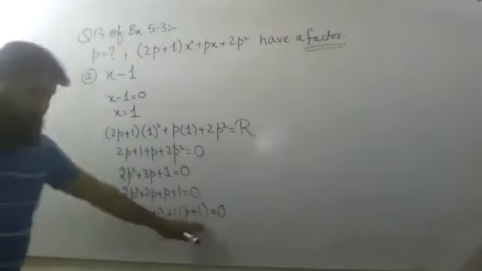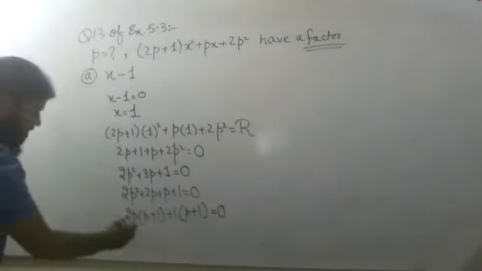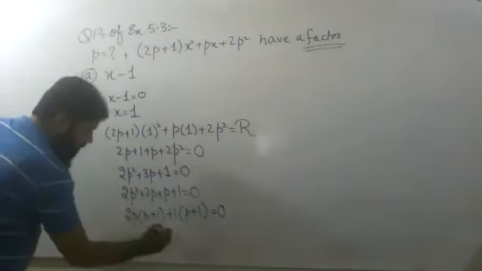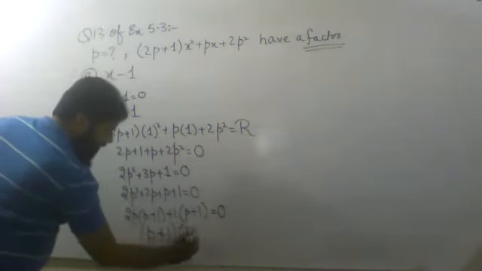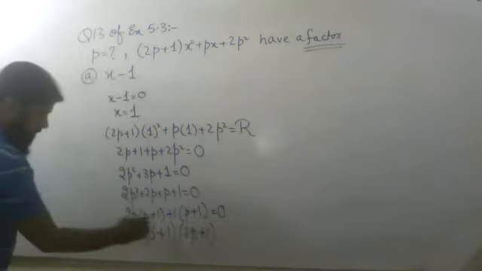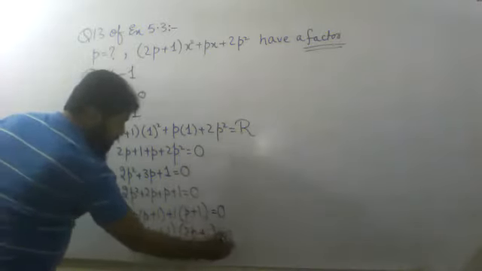Okay. So now p plus 1, this bracket is common, 2p plus 1 from here and here equals to 0.